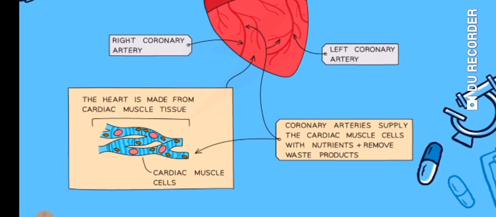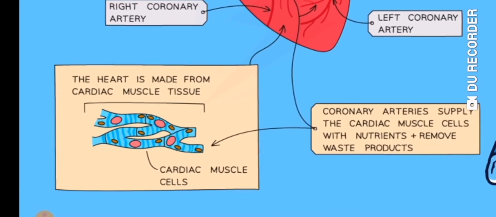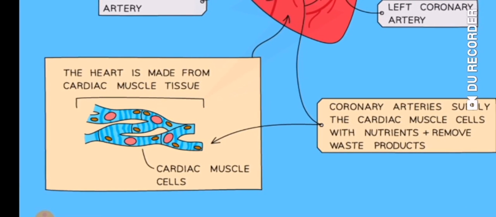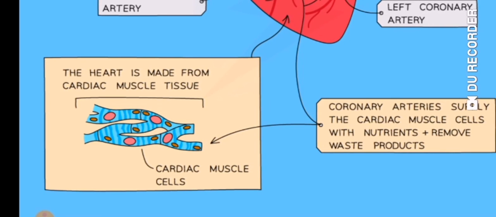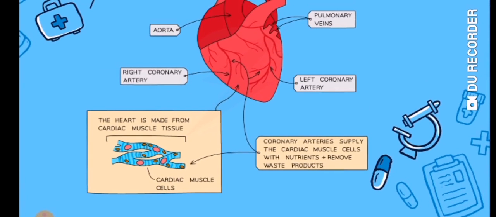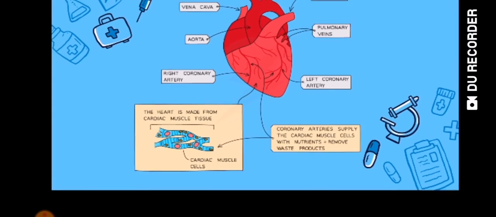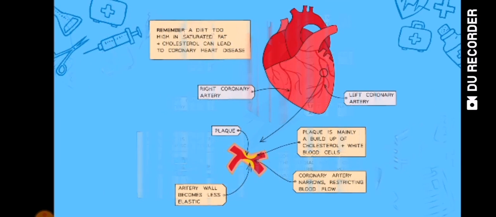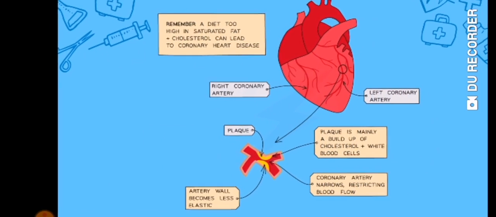Remember, a diet too high in saturated fat, and we said saturated fat we can find in animal products, and cholesterol can lead to coronary heart disease. Look here. The blood vessel becomes narrow, so this will prevent blood flow or make the blood flow more difficult.